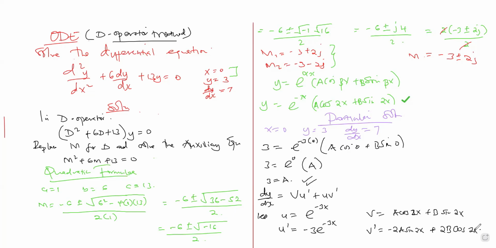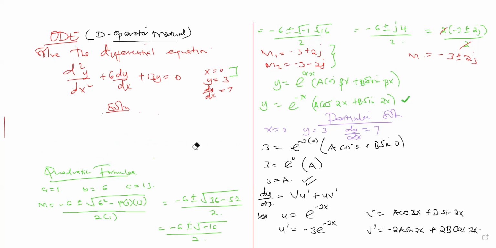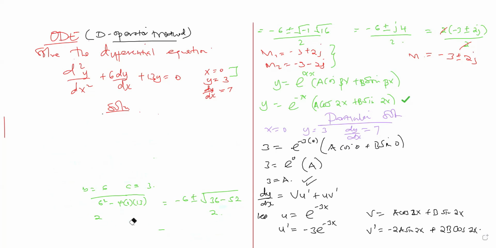Allow me to rub here for now. Okay, so you have your first derivatives with respect to the function of u and the function of v. Now replace them in the formula.